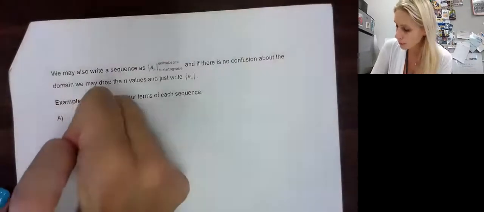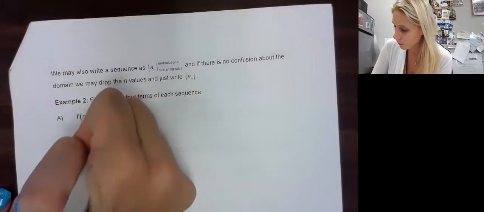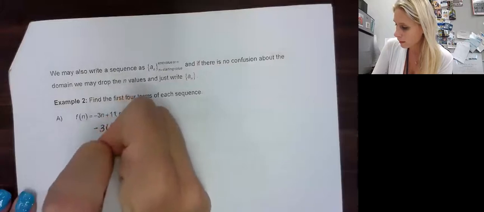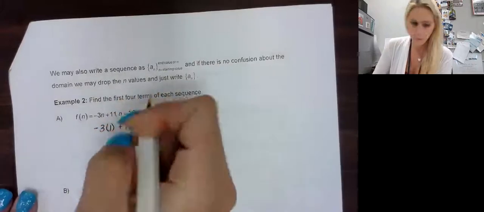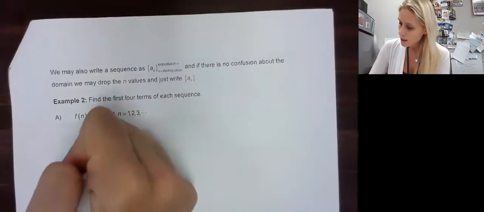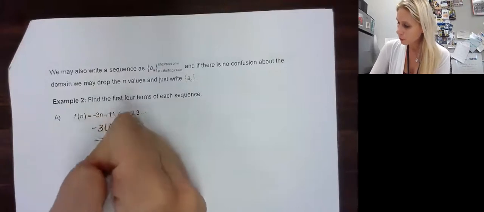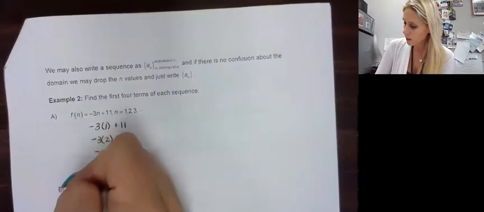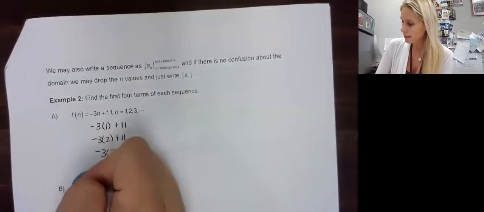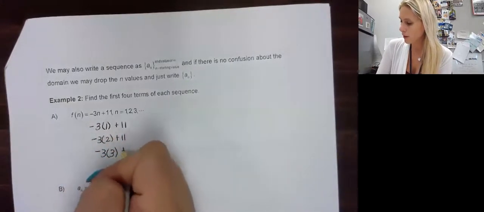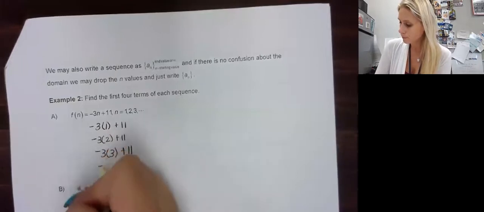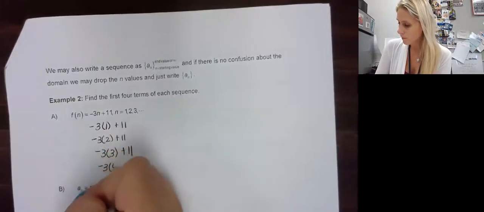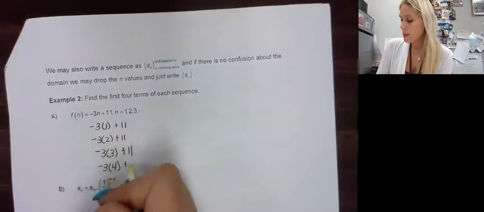So what we do is we plug in that value of 1 into our equation. The next one, we would plug in 2 to the equation. 3. See, it wants us to do the 4th term, right? This one's a little bit easier.